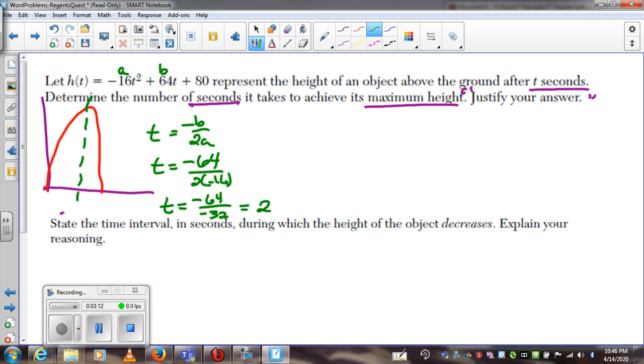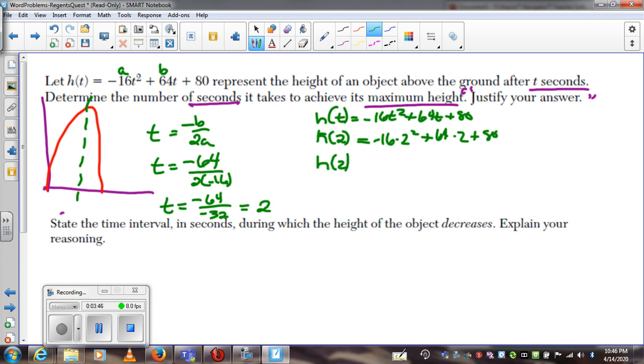Now I'm going to take that 2 and put it in place of my t. That's how I'm going to get my max height. So h of 2 is equal to negative 16 times 2 squared plus 64 times 2 plus 80.